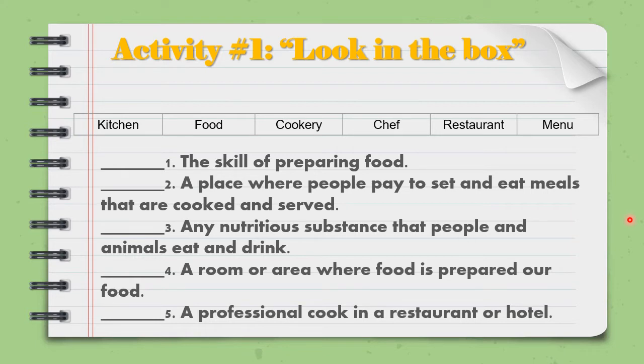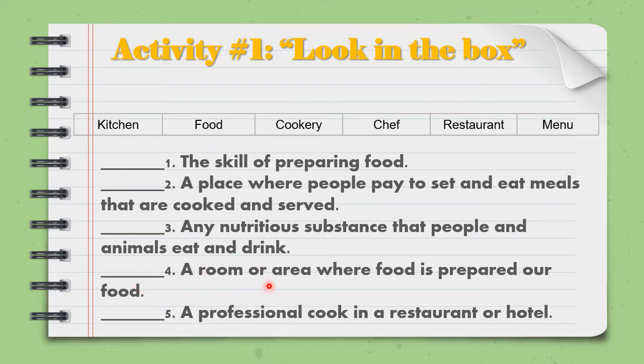Okay, so first item, the skill of preparing food. Second, a place where people pay to sit and eat meals that are cooked and served. Third, any nutritious substance that people and animals eat and drink.